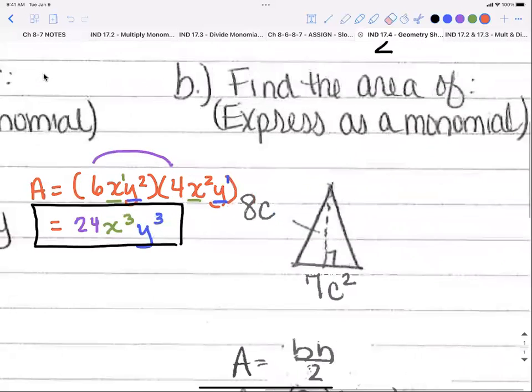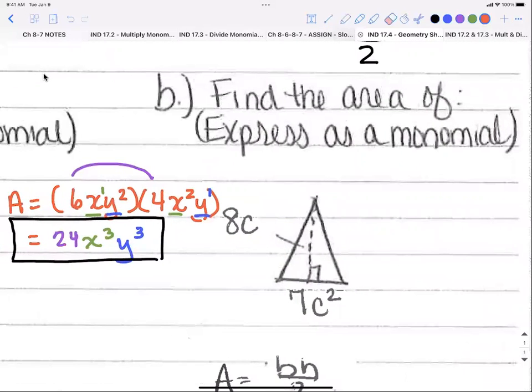All right, so now let's look at a triangle as an example. And again, the formula, and I'm going to do it both ways, okay? I'll show you both ways. You can pick whichever way you think is the easiest for you, okay? So the first way is area equals 1/2 times base, which is 7c squared, times height, which is 8c.